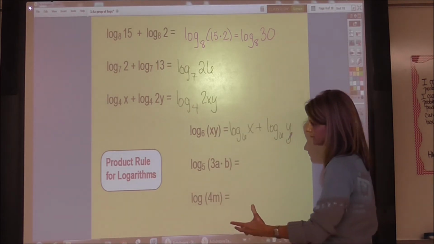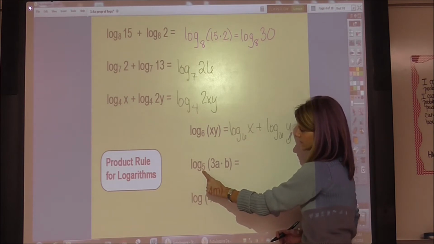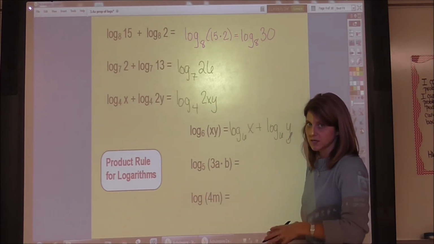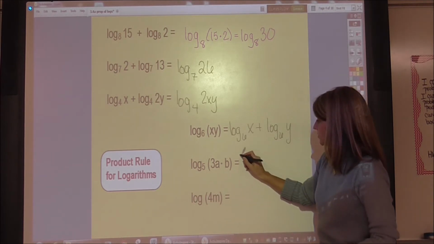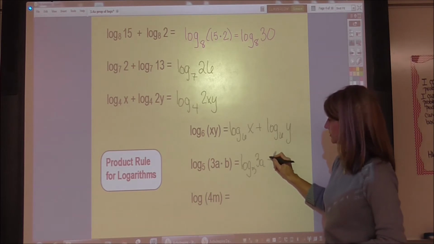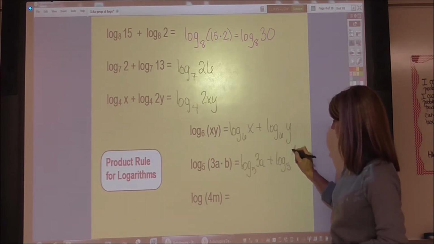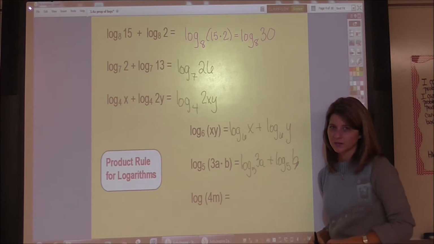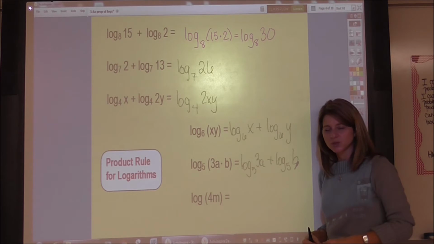Let's do the second one, right? Log base 5, and it says 3a times b. Okay, so I know it's going to say log base 5 of 3a plus log base 5 of b. So far so good? There's actually one more thing I can do. Do you see what it is? There's something you can do with this 3a.